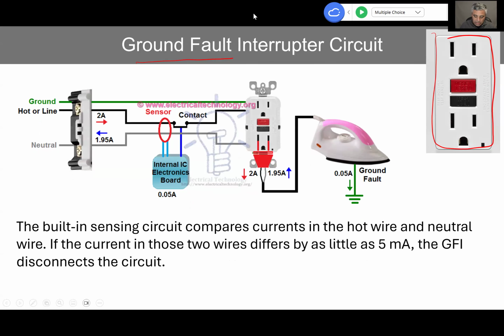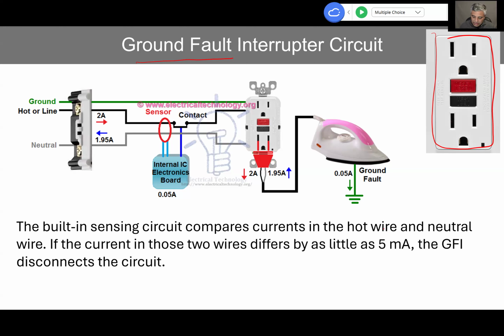So if you look, what happens behind the scenes is you have this coil, one extra coil other than the wire. This coil senses how much current is going and how much current is coming back, right? So if it finds there is less current coming back than going, it says, oh, there is a leakage of current. So it's going to break the circuit. That's how it interrupts.